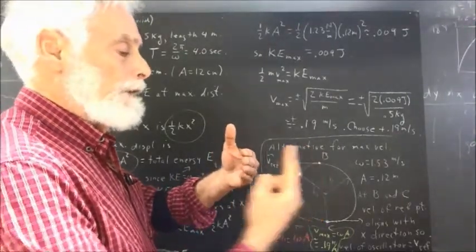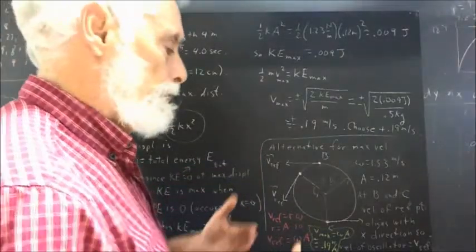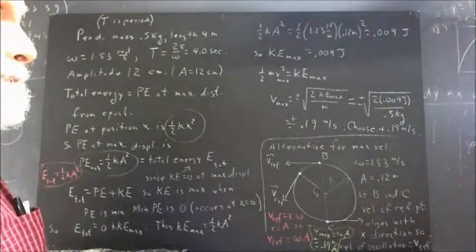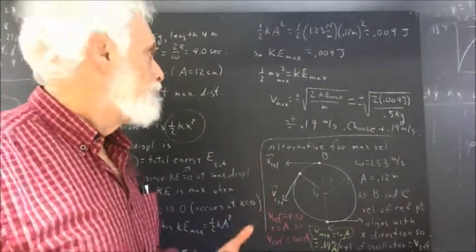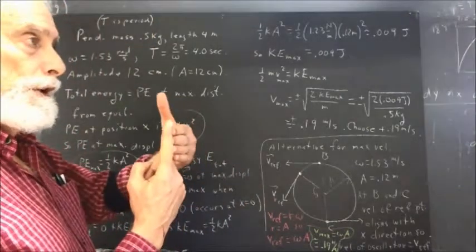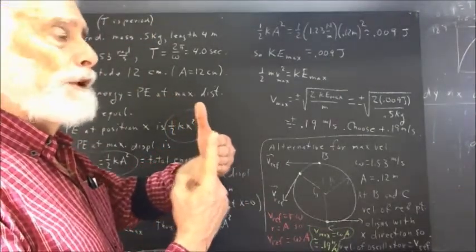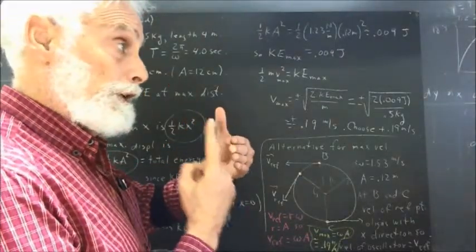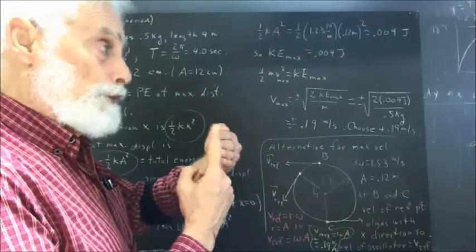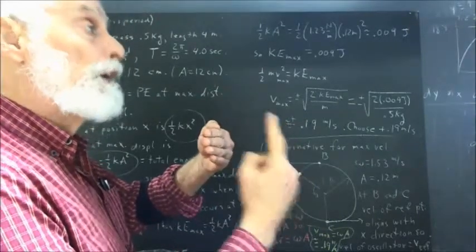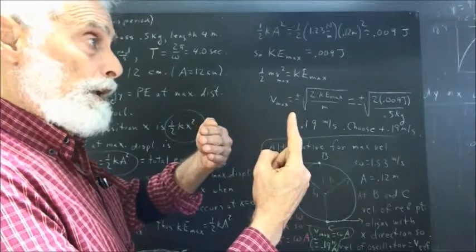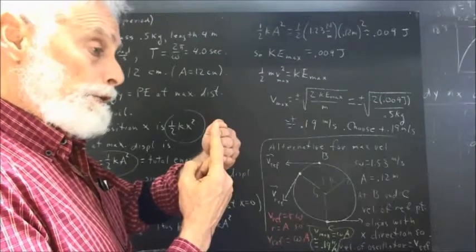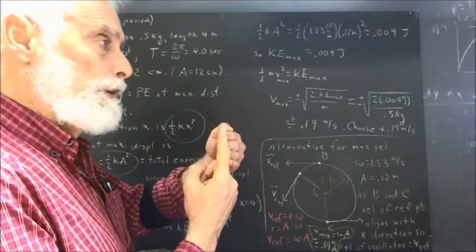I should have said it earlier, but we're implicitly assuming that the potential energy is zero here, or more specifically, we declare that the potential energy is zero at the initial position. So the change in potential energy from here to here is the potential energy at this point. When the pendulum returns back to equilibrium, it will have lost that potential energy. Potential energy will be zero.